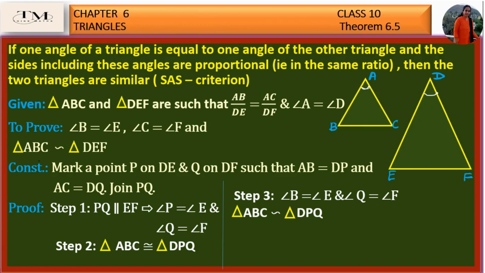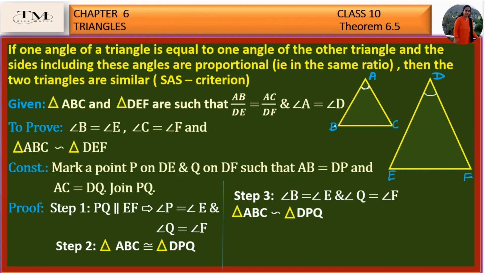For the angle D, the sides on both sides of this angle are DE and DF. So, they have given AB by DE is equal to AC by DF. This is what is given.